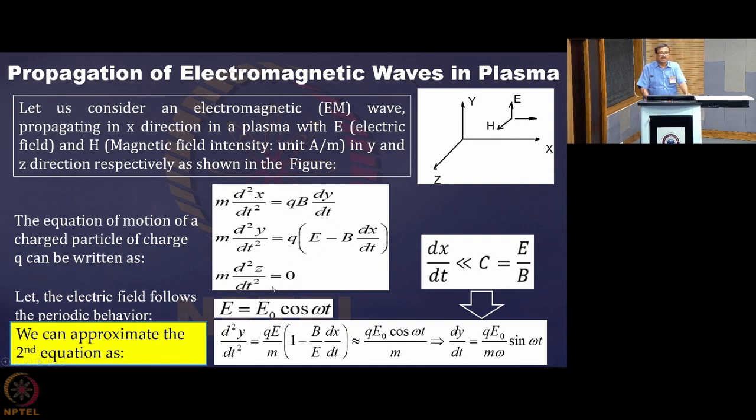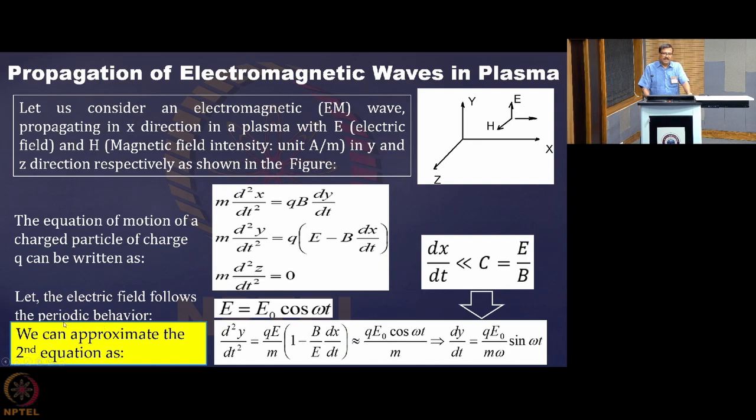It will not have any z component of motion in this case, since the electromagnetic wave is propagating in the x direction. So the equation of motion basically comes out like that.